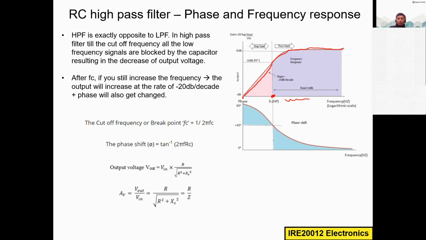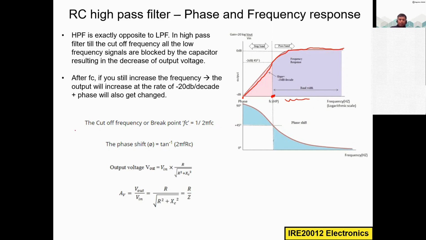Before the formulas, this is called the stop band, where we are blocking the low frequencies, and this is called the pass band, where we are passing the frequencies. Here we also have the 0 dB and minus 3 dB level. After the minus 3 dB, it reaches the maximum value of the output very soon, because this is what we want. At high frequencies, we want the output.